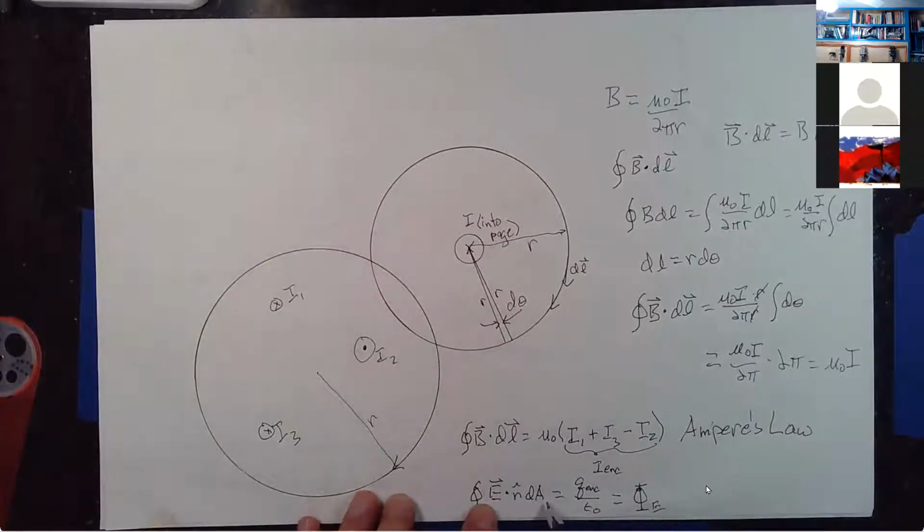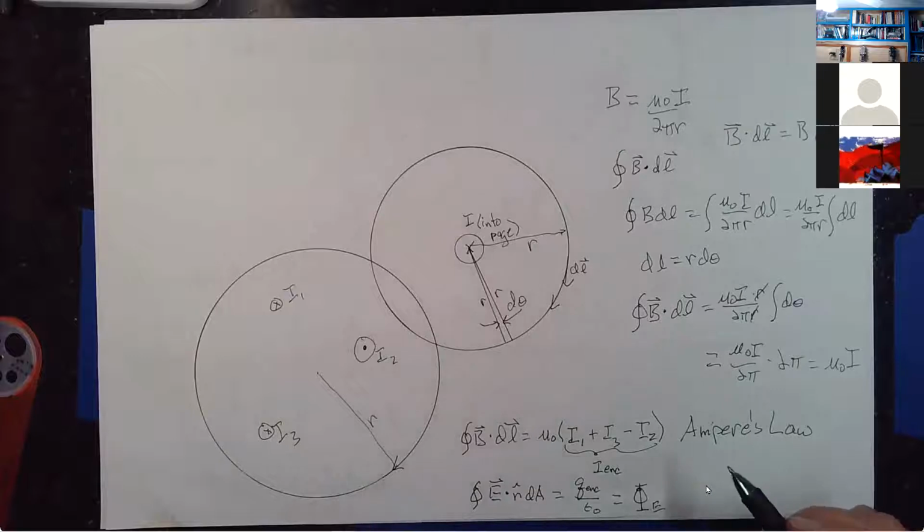You need an E dot dA to get flux, and we'll have B dot dA shortly in the next chapter, but not just yet will we be dealing with magnetic flux. So anyway, there are some analogies between Gauss's law and Ampere's law.